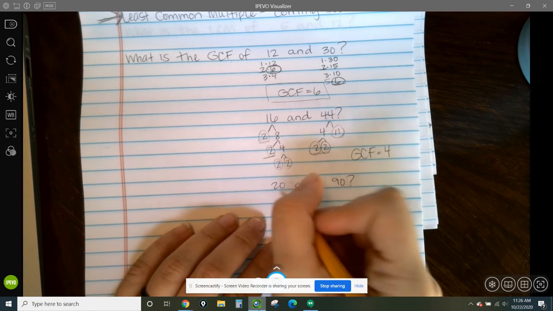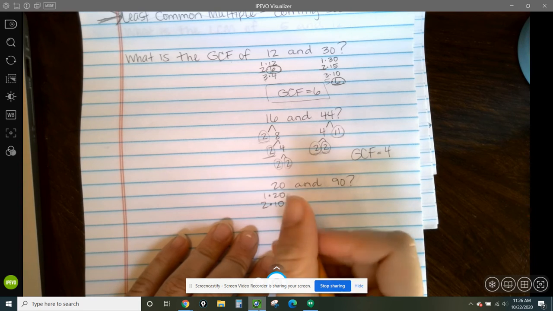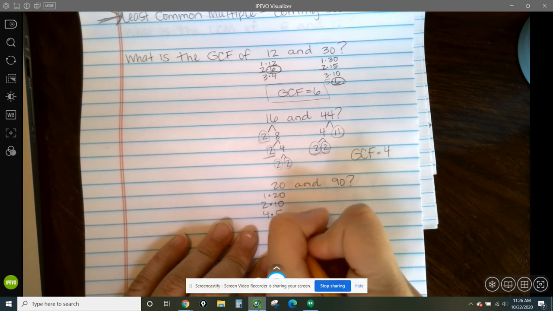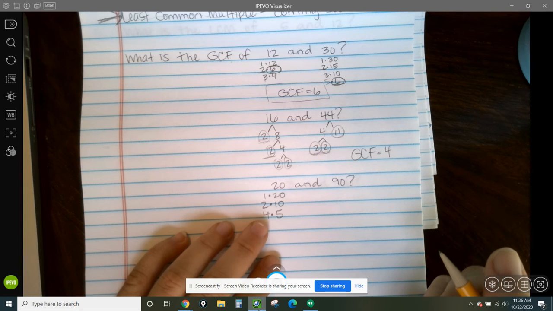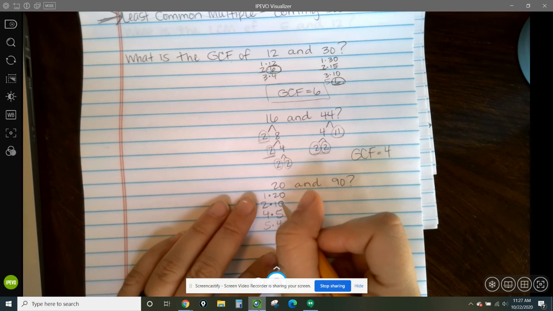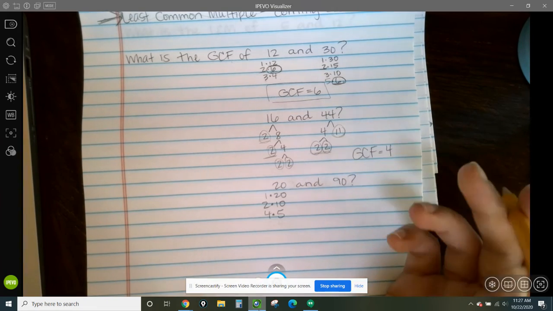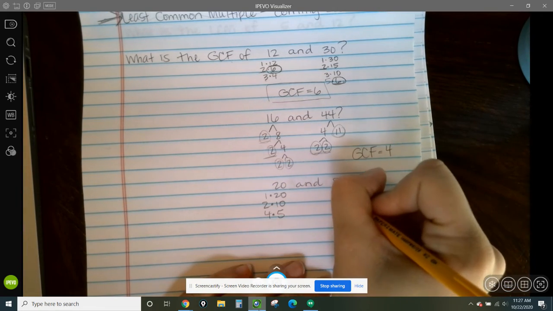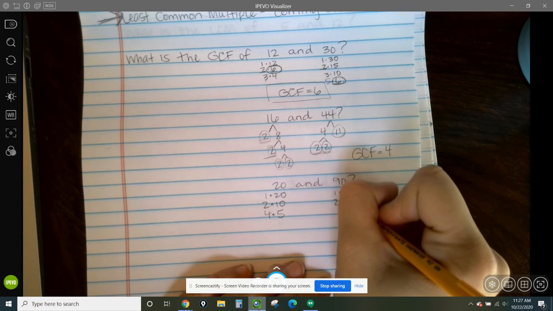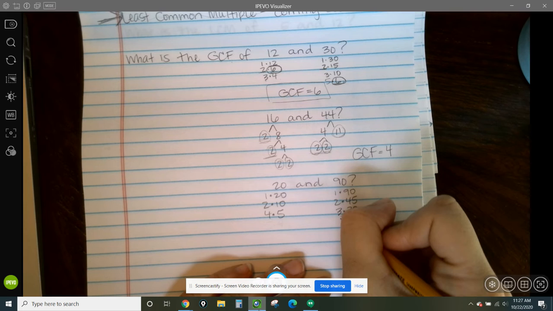Okay, so for 20, I know there's 1 times 20, there's 2 times 10, 3 doesn't go in there evenly, 4 times 5. Those are my factors for 20. The reason I stopped at 4 times 5 is because if I keep going, 5 would just be 5 times 4. Then I'm going to end up going back down the list. I don't need to do that. Once I reach the top of that list, I can stop. 90: 1 times 90, 2 times 45, 3 times 30, 4, I don't think 4 goes in there.